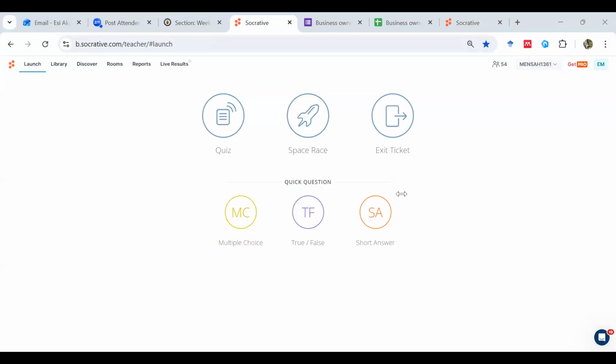The room name is Mensah 1361. Mensah 1361.